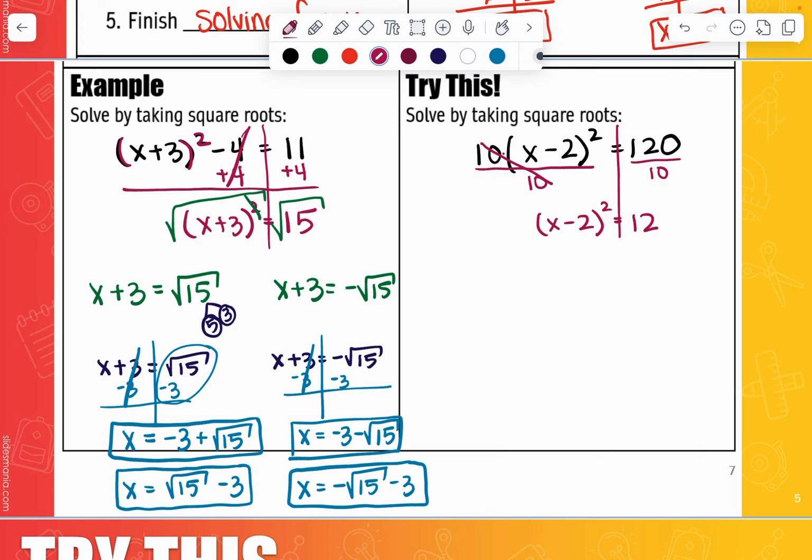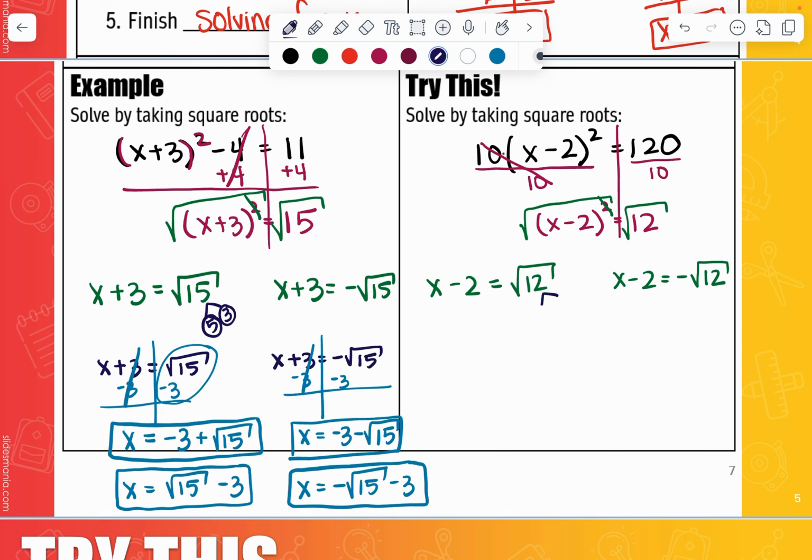Because we have it by itself, we now get to take the square root of both sides, which is going to leave us with x minus 2 either equal to a positive square root of 12 or x minus 2 equals a negative square root of 12. We're going to try to simplify the square root of 12.